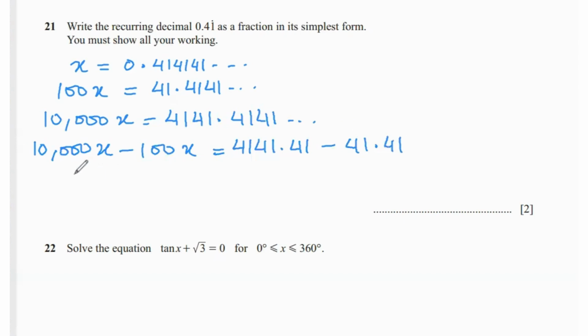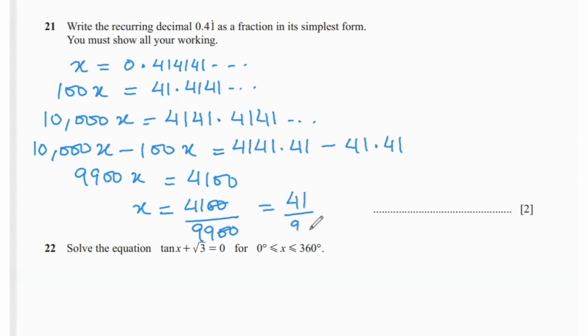So now that's basically going to be 9900x, and this is going to be 4100. As you can see, the recurring numbers after the decimal are completely gone. So now x is going to be 4100 divided by 9900. Cancel out the zeros, and 41 over 99 is your value of x. This can't be further simplified, so this is the final answer.